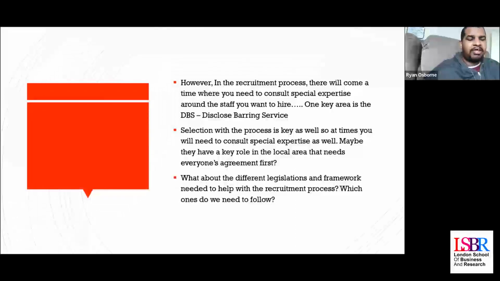So let's say the company wants to hire a person to work with children. For them to know if that person is safe to work, they need to know about offences. Are they on the child protection register? Have they got anything held against them?